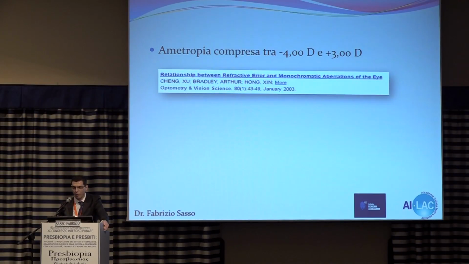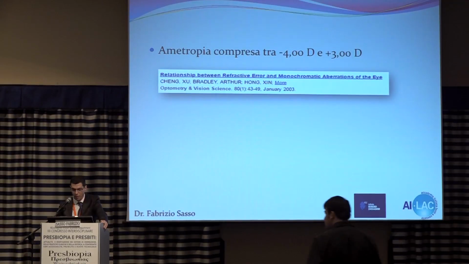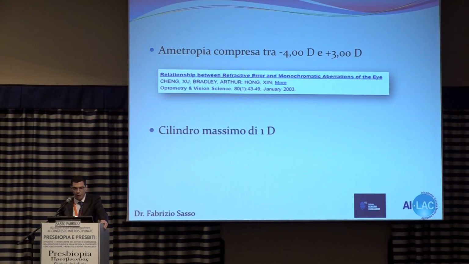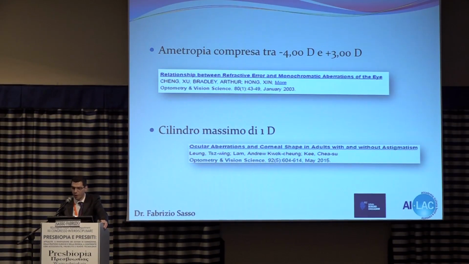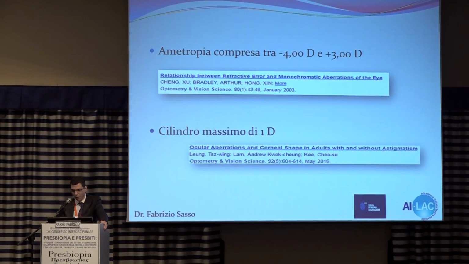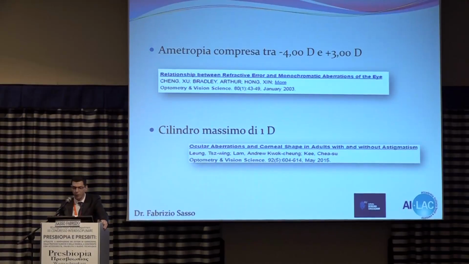For example, refractive surgery. Ametropy had to be included between -4 and +3 to have as homogeneous groups as possible. This is a study that shows that there is no relation between low and high order aberrations. In the spherical equivalent that we saw before, the cylinder had to be maximum 1 diopter.